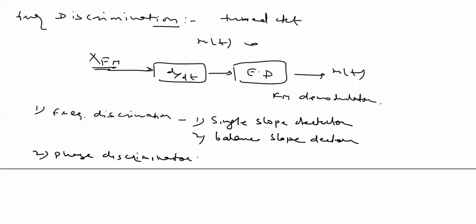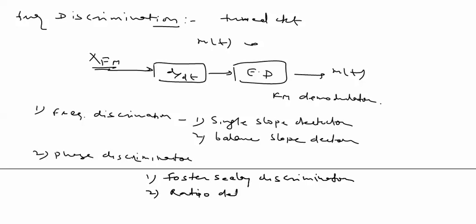Phase discriminator ideas are Foster-Seeley discriminator, ratio detector, and phase locked loop.